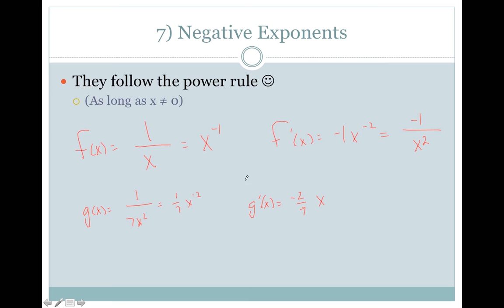Reduce it by 1, which becomes negative 3, which I could rewrite as negative 2 over 7x to the negative third power. So it follows the same thing. We have to say that x can't be 0, because then it wouldn't work. So you can't find the slope of the tangent line when x is 0 here.